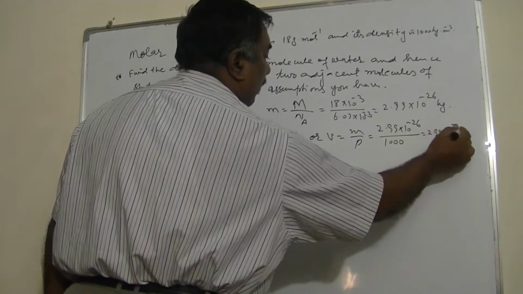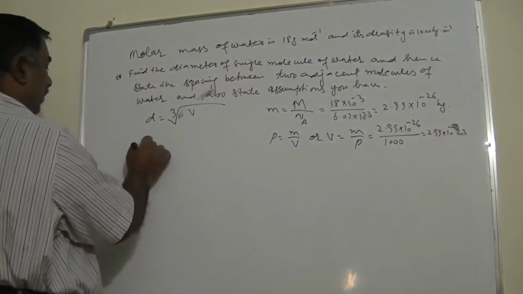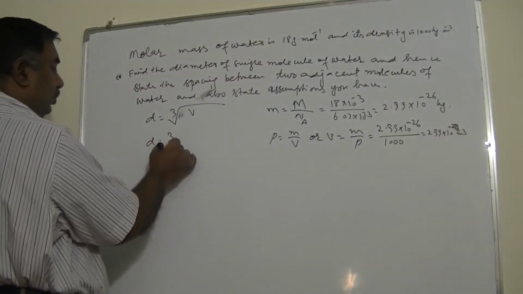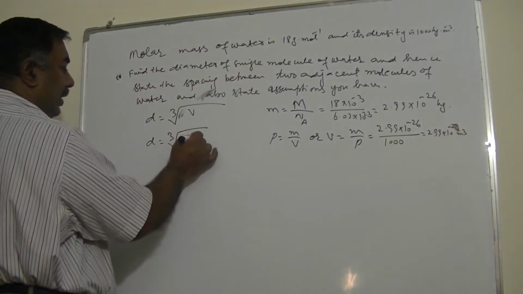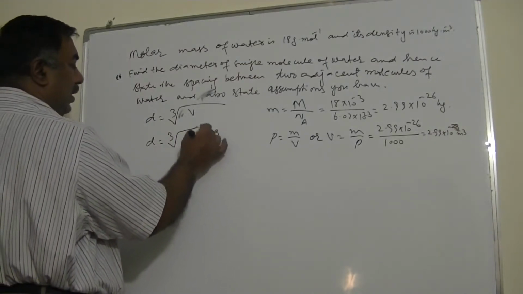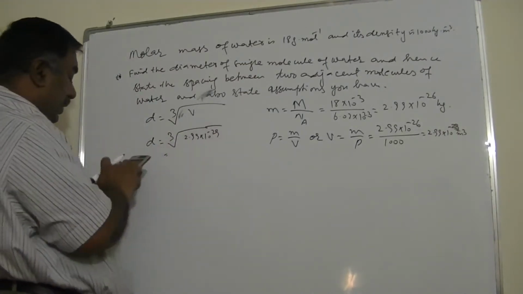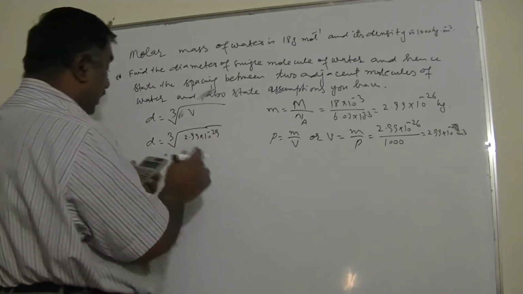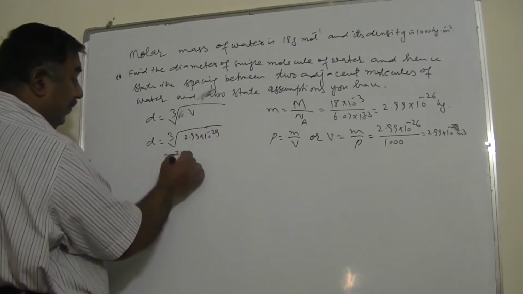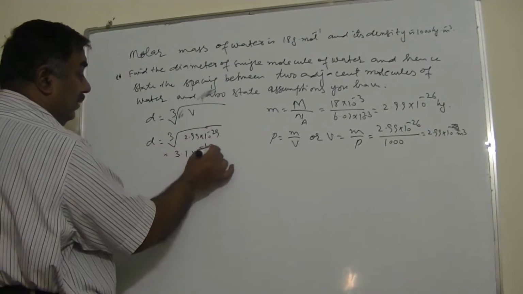This is the volume of a single molecule. So diameter will be the cube root of this, and when the cube root is calculated, this comes out to be 3.1 into 10 power minus 10 meters.